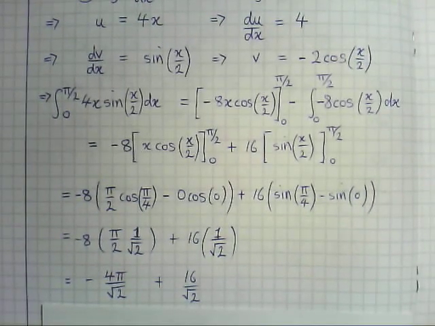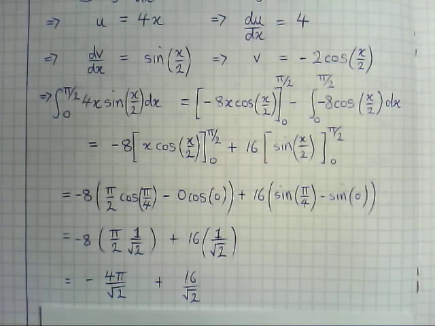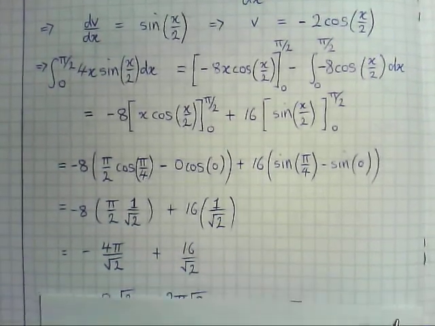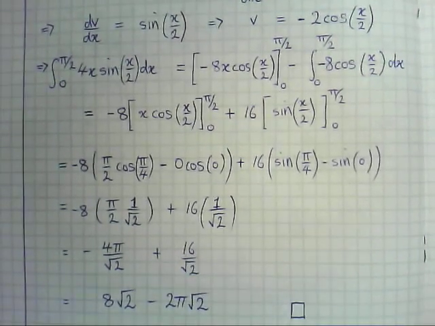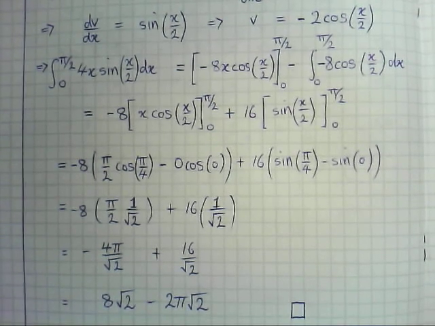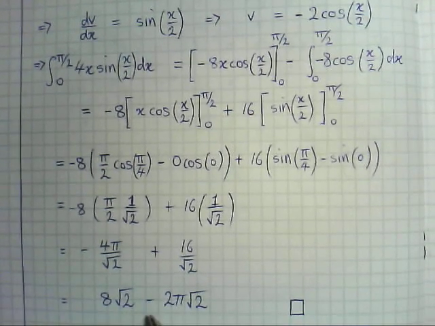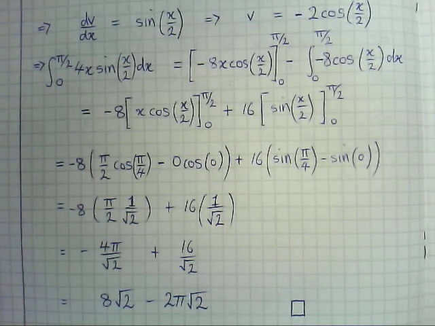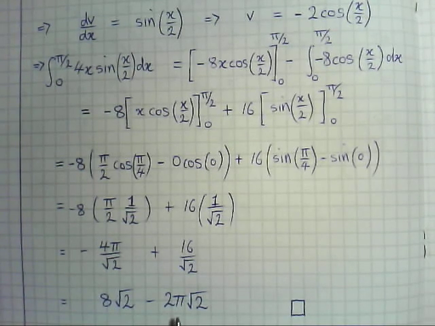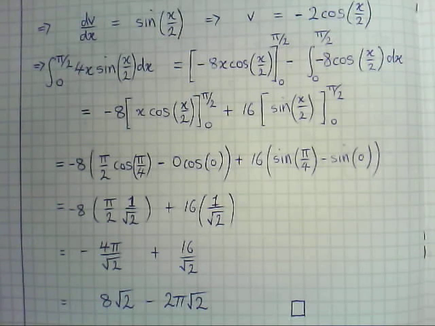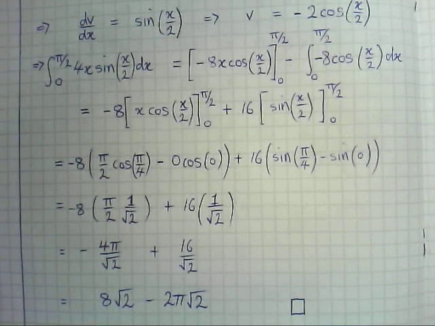So we can simplify to this. And then finally, we can simplify to the final answer there, which is 8 root 2 minus 2 pi root 2. We've got surds and pi in its exact form, and so that's the final solution for this question.